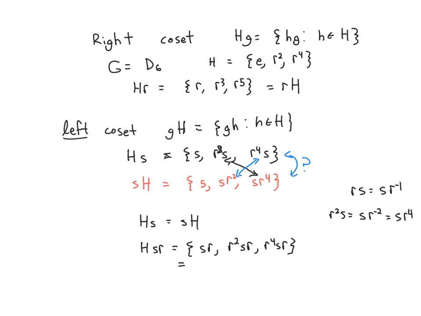I get SR, SR to the negative 1, SR to the negative 3, but R has order 6, so that's SR, SR to the 5th, and SR cubed. And you can check that that was the same coset as we had earlier. So in this case, the left cosets and the right cosets are actually the same.